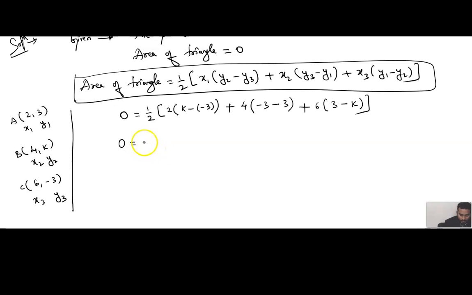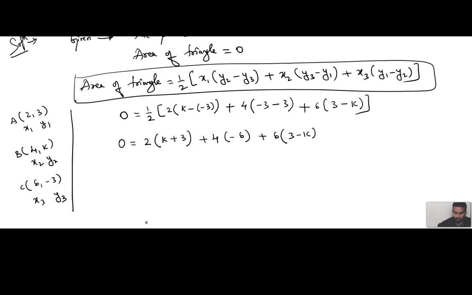Now come back inside. So what is inside? 2 into k, minus into minus is plus 3. Next, plus 4 into minus 3 is minus 6, plus 6 into (3 minus k). Is this clear? Understood these steps?